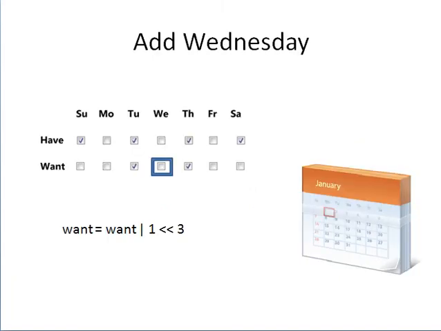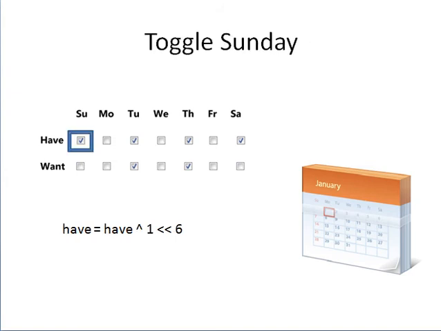Now let's look at how we use these operations. The first thing we want to do is to demonstrate how to modify a value. So in this case, we're going to modify the flag or the digit at the third position. So we're going to use the OR operator. We can also use the exclusive OR operation to flip the digit at the sixth position, and in this example that would be Sunday.